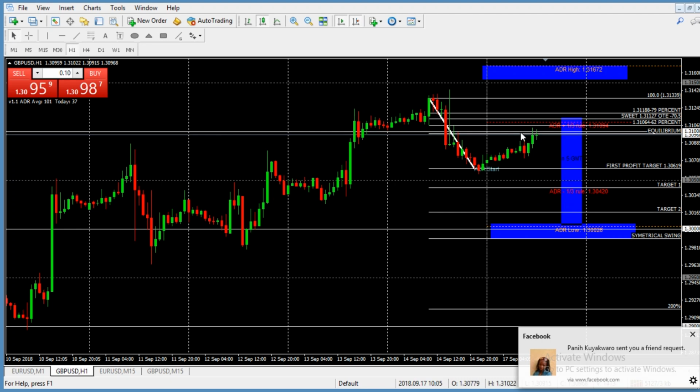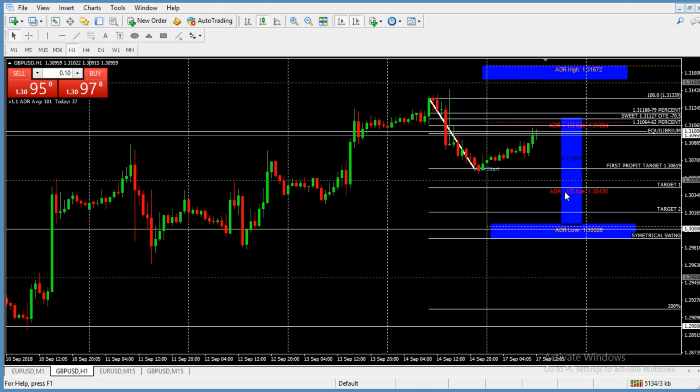Alright, so expect the market to go into that zone. After that, we'll be selling it, and if it happens to break this zone, we'll know that it's going to reach for the data high first, then come here. But most likely, the market will be dropping and selling.